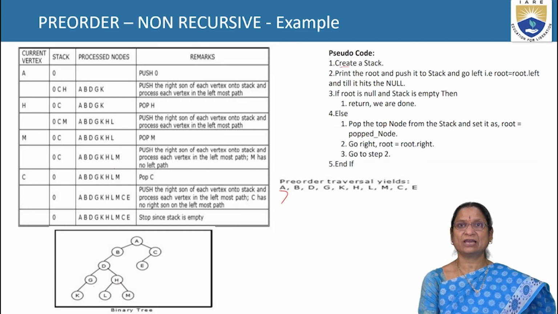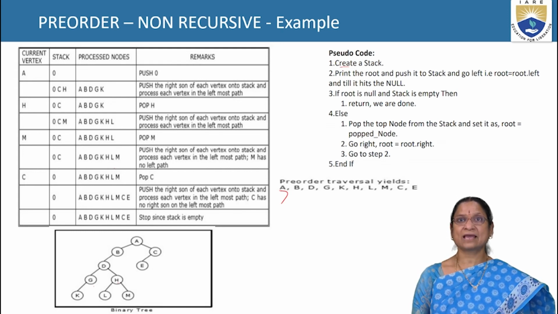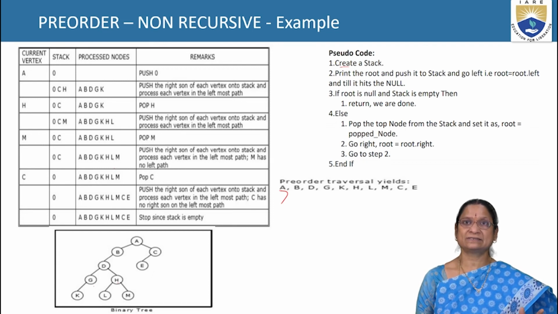If it reaches null, we pop from our stack and again start doing the same for that subtree. This process continues as long as the root is not null or the stack is non-empty. If both conditions fail, that means the stack is empty and the root is null, then we stop.